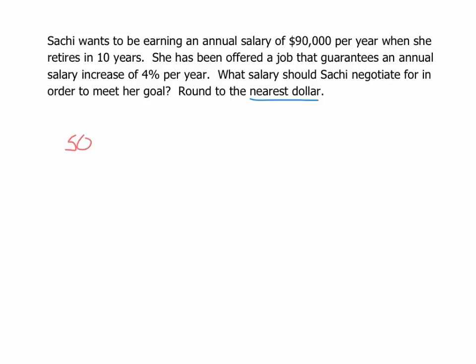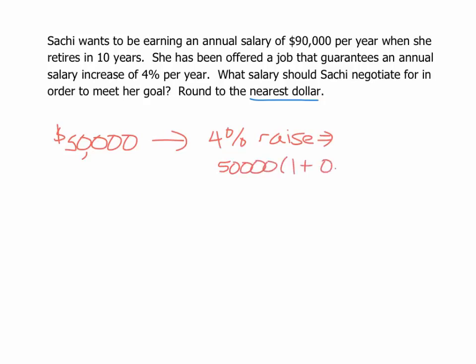Suppose she started out with a salary of $50,000 per year. This is not what she's going to negotiate, but let's just suppose that this is the case. After 1 year, she's going to earn a 4% raise, and we would calculate her new salary by taking that $50,000 and multiplying it by 1.04. So she'd end up earning $52,000.